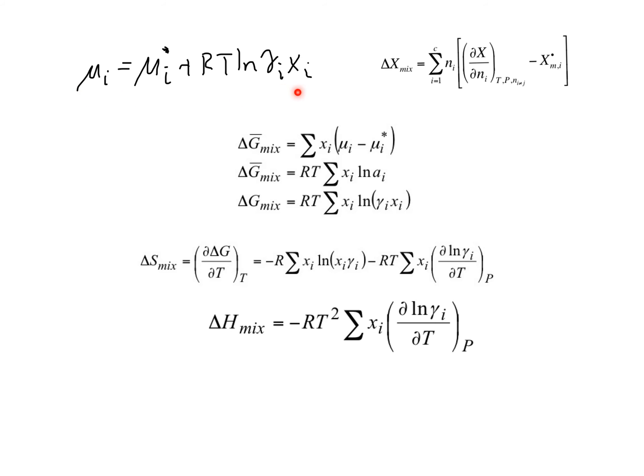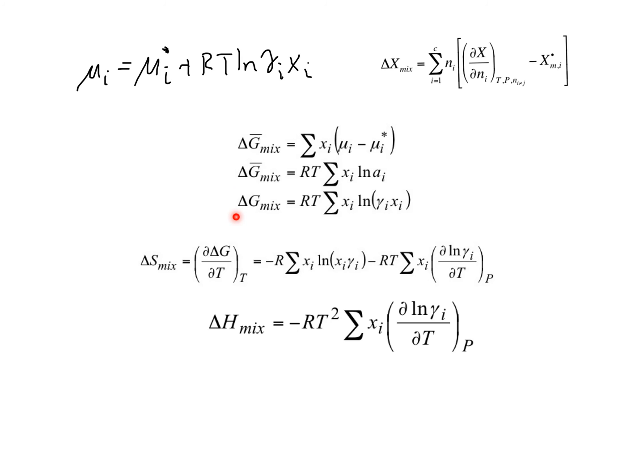Using this definition of the chemical potential of each component in the mixture, and our definitions for the partial molar quantities, we can plug into our equation for the change in a property and show that the delta V of mixing is given by this equation, delta S of mixing is given by this equation, and delta H of mixing is given by this equation.